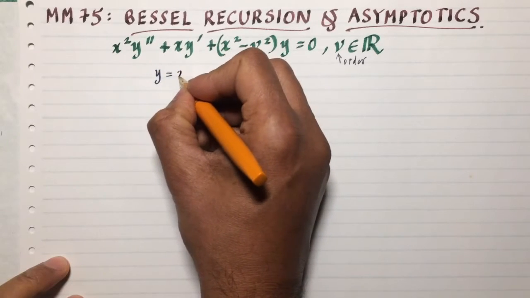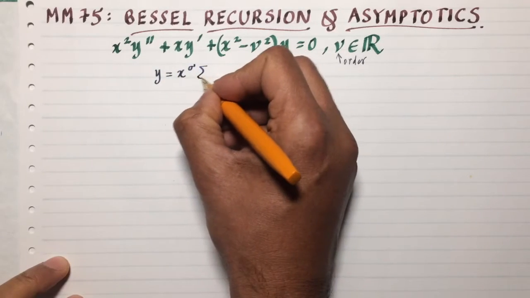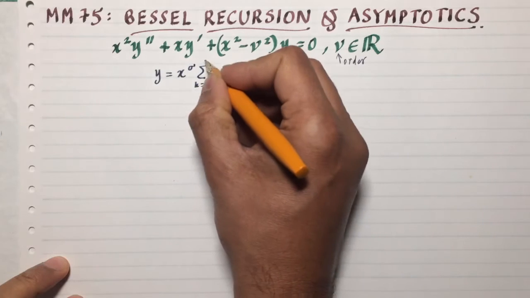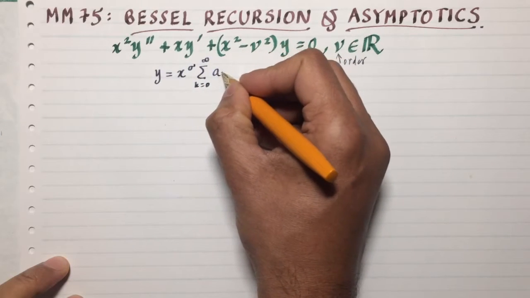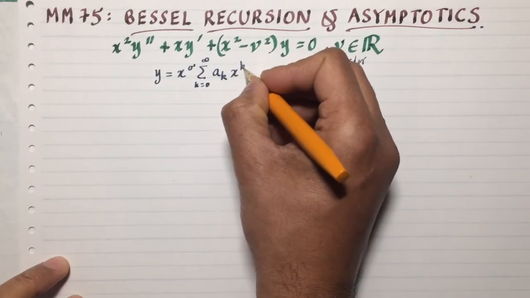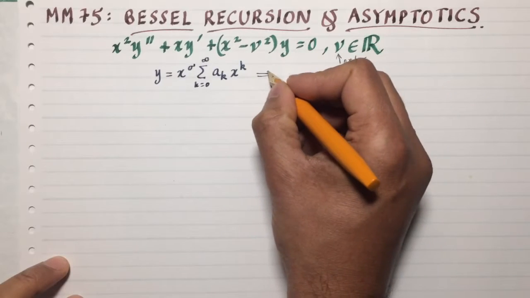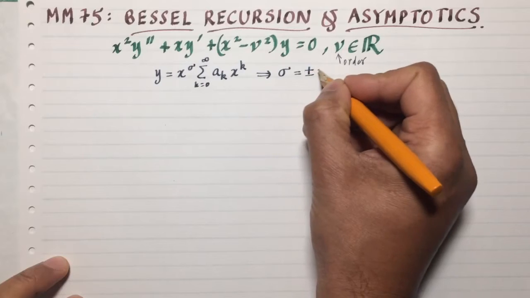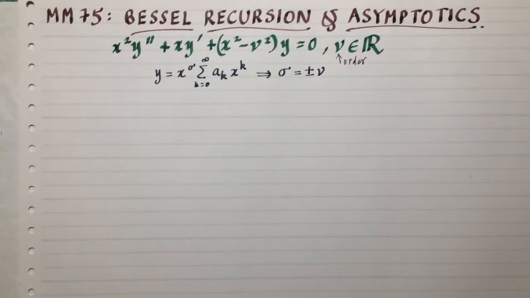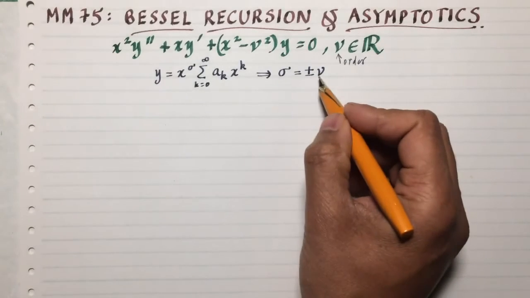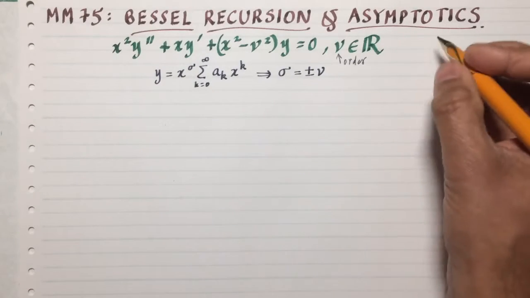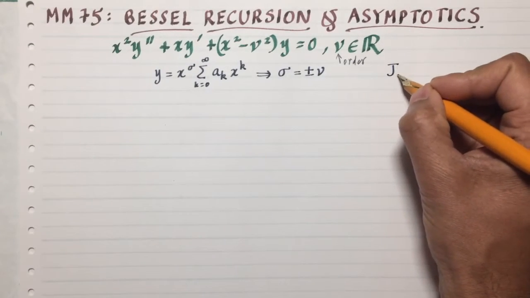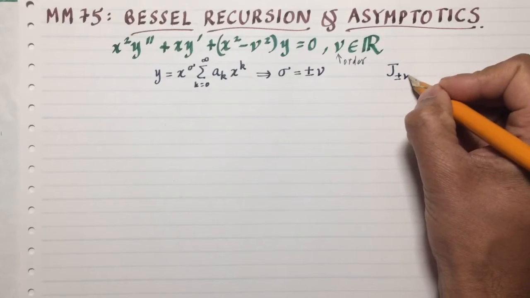So you can write this as x to the power sigma, the sum from k equal to 0 to infinity, a sub k x to the k, and this leads to the characteristic exponent sigma to be plus or minus nu. If nu is not an integer, then the plus or minus nu provide us with the two linearly independent solutions to the second order differential equations.